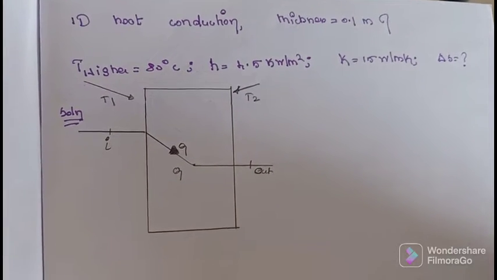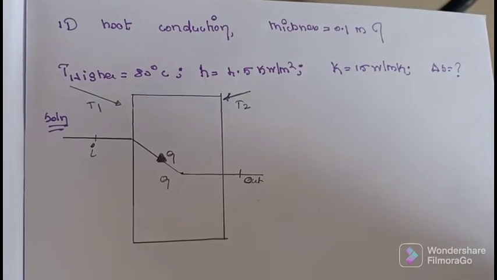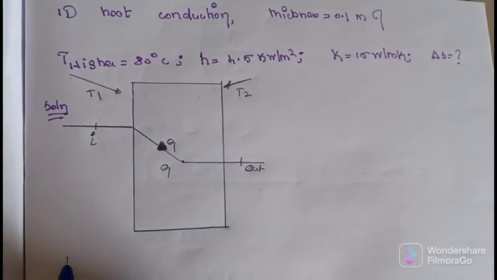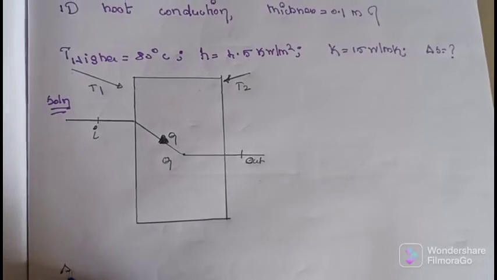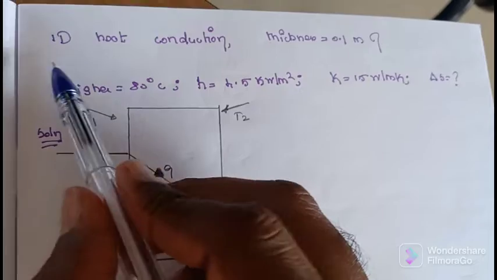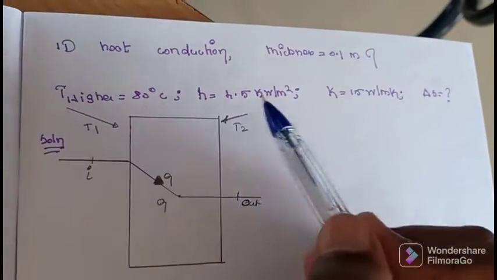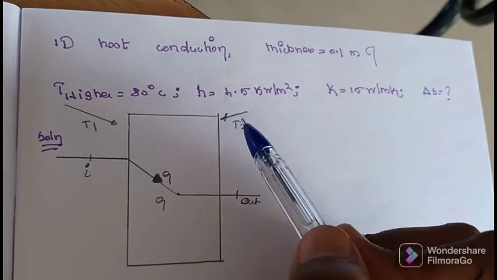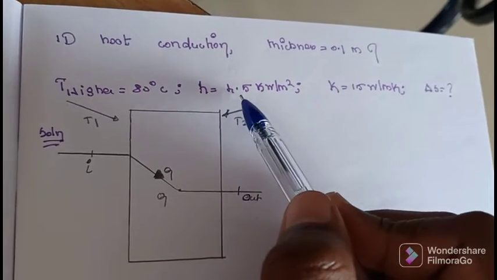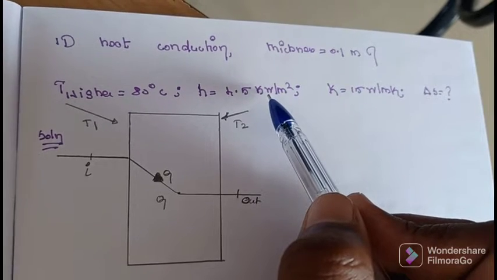Good afternoon. Today we are discussing the GATE 2022 questions. Now we are dealing with the thermal engineering thermodynamics question. The first question is one dimensional heat conduction, thickness is 0.1, T of higher is 80, T of lower is not given, but the heat flux Q is given as 4.5 kilowatt per meter square.